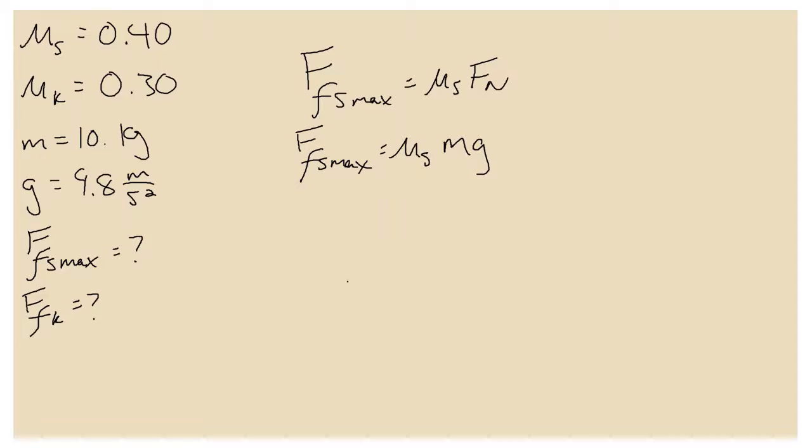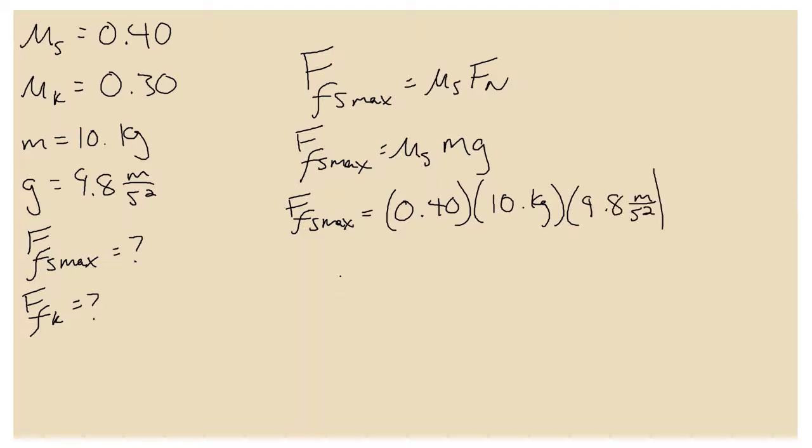So F_s max is equal to the static friction coefficient 0.40 times m, 10 kilograms, times g, 9.8 meters per second squared. When you multiply all those numbers, you get that the static friction force maximum is equal to 39.2 newtons, which we'll round to two significant figures since everything in the problem is to two significant figures, and we'll call that 39 newtons.